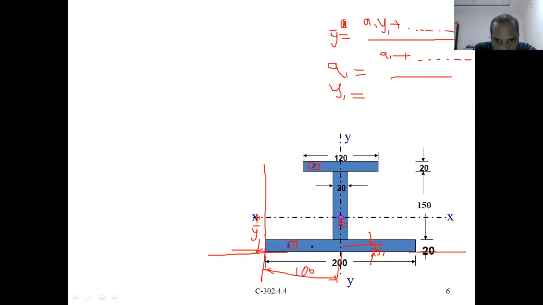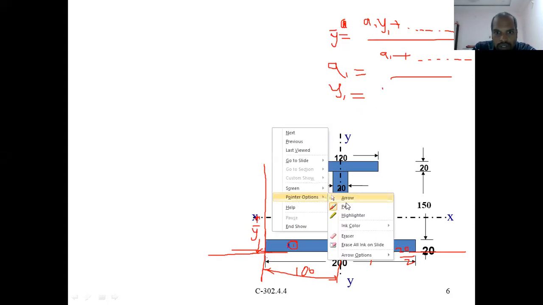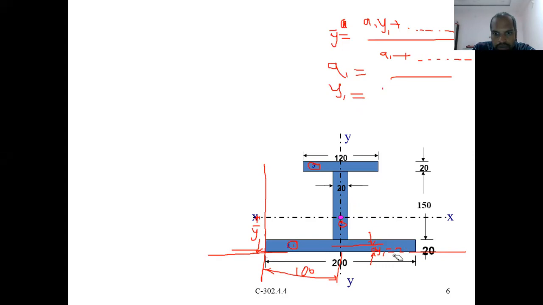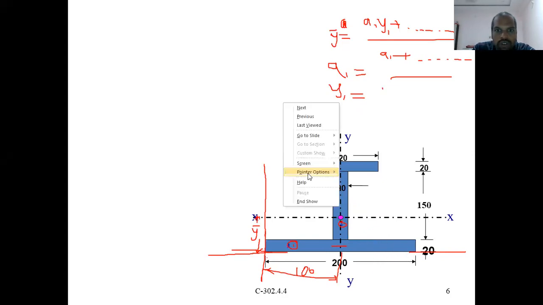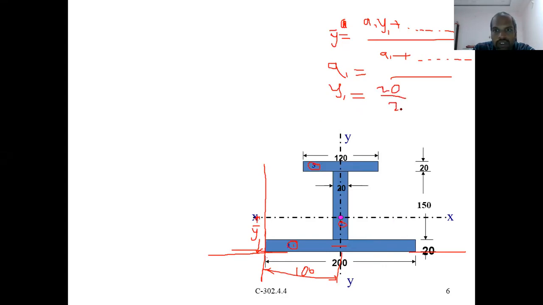The centroid lies at what distance? At a distance of 20 by 2, which means 10 from here. Our reference axis is also here. That's why Y1 is equal to 20 by 2, that is equal to 10.